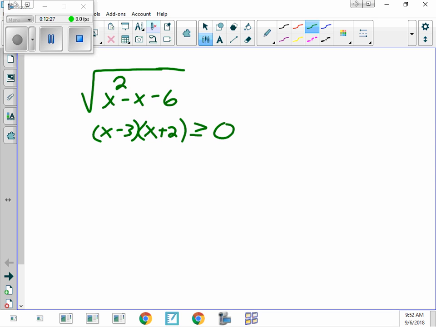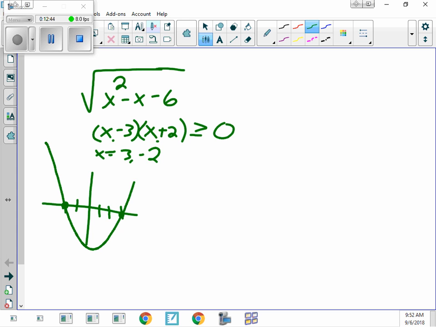Well, let's look at the graph. What does the graph of x minus 3 times x plus 2 look like? Well, the roots are 3 and negative 2. How do I know it goes up? It's positive x squared. When is that graph bigger than or equal to 0? Negative infinity to negative 2.